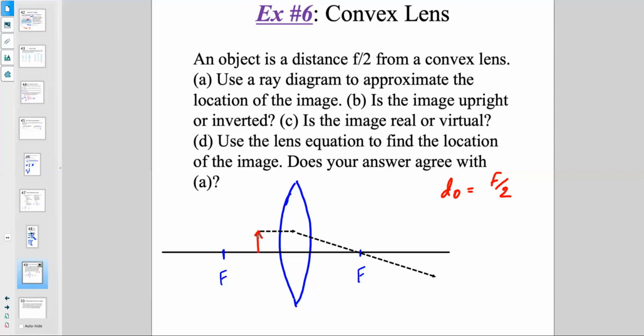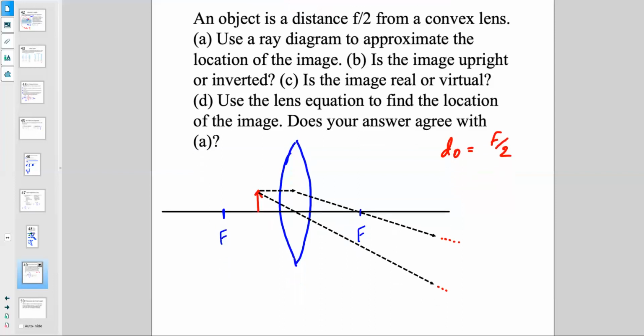Now let's say the other one is directly going to the center of the lens. Obviously, if you continue these rays of light, they will not cross one another on this side.